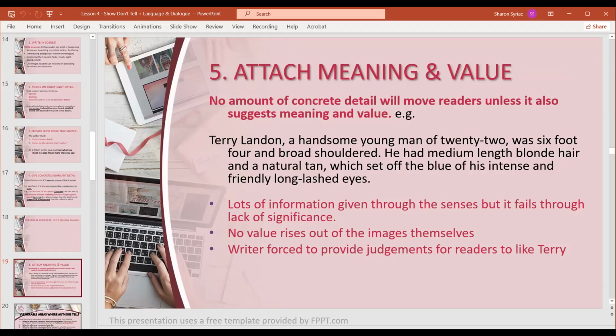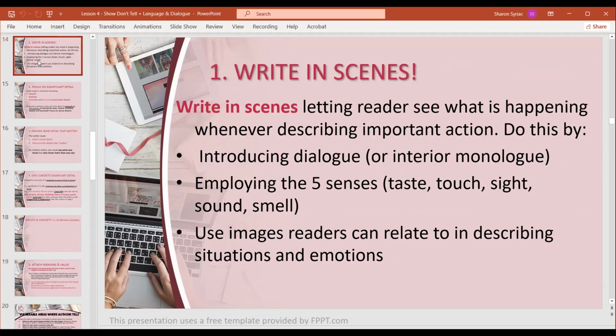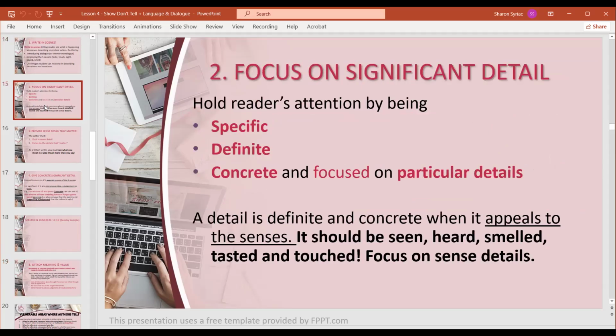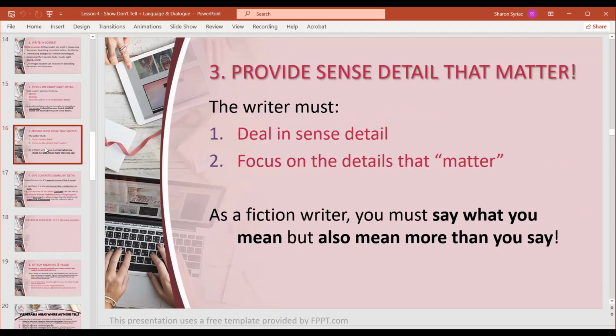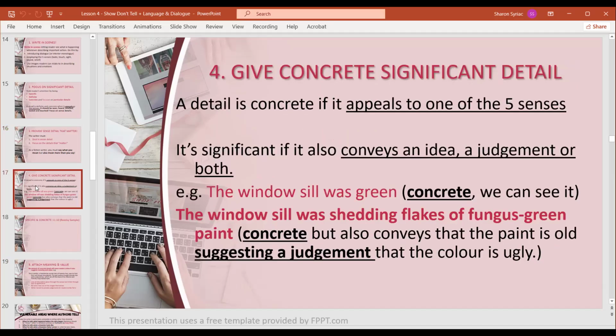So I repeat, how do you show? There are 5 things you do. 1, you write in scenes. 2, you focus on significant details. 3, you provide sense details that matter, meaning you focus on the 5 senses, but only on a detail that matters. 4, you give concrete, significant details.